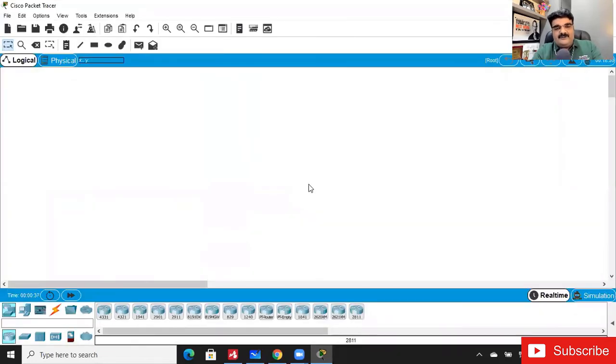See, I'm going to configure a lab, and this time I will use one sniffer tool. If I use this sniffer tool, we are able to capture the packet, right? And it is a really good feature of Packet Tracer. So what I'm doing right now, I'm going to add one switch over here.